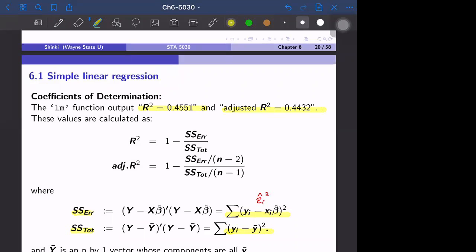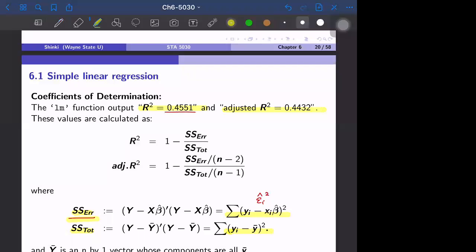So R square is 1 minus SS error over SS total. This ratio, SS error over SS total, is the part of the variability that we cannot explain by the predictor X. So that means the R square is basically the proportion of variability in Y explained by predictor X. If R square is 0.4551, that means 45.51% of the variation in Y is explained by the predictor.